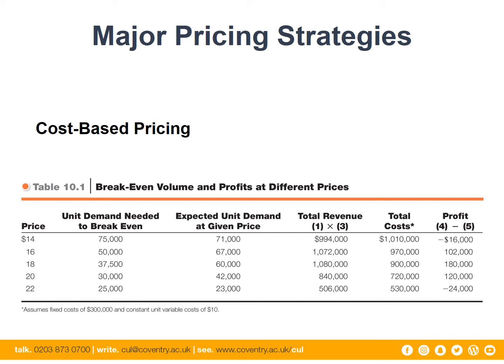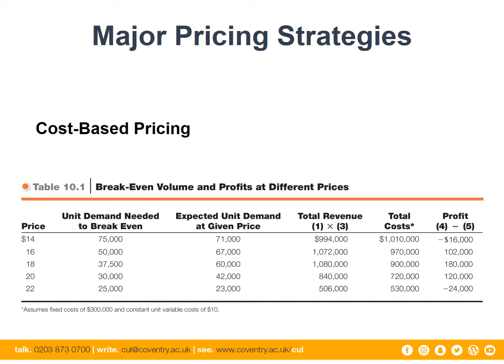So if we said that, for instance, the total costs at a price of $14, expected at 71,000 units, so 71,000 units times $10 is $710,000, plus the fixed cost of $300,000 gives you just over $1,010,000.